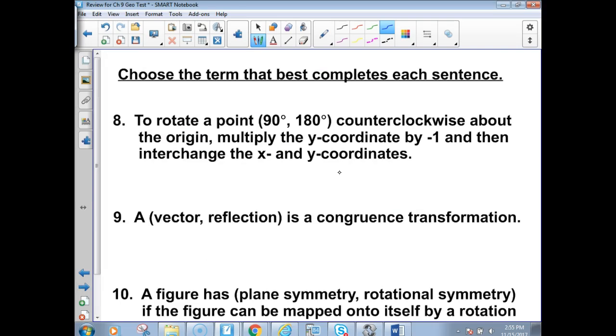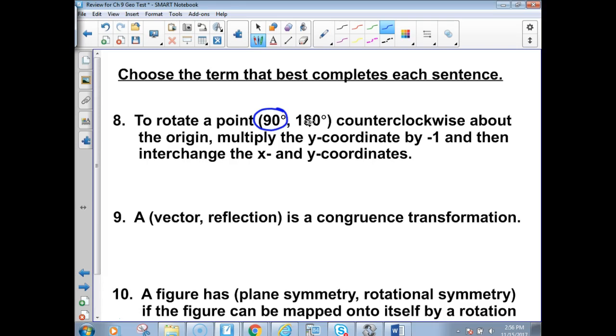To rotate a point 90 or 180 counterclockwise, which is this rule? If you are going counterclockwise about the origin, you multiply the y coordinate by -1 and then interchange the x and y coordinates. That is a rotation of 90. Now, you have that in your ISN. Let me tell you why you should have known that one without looking it up.